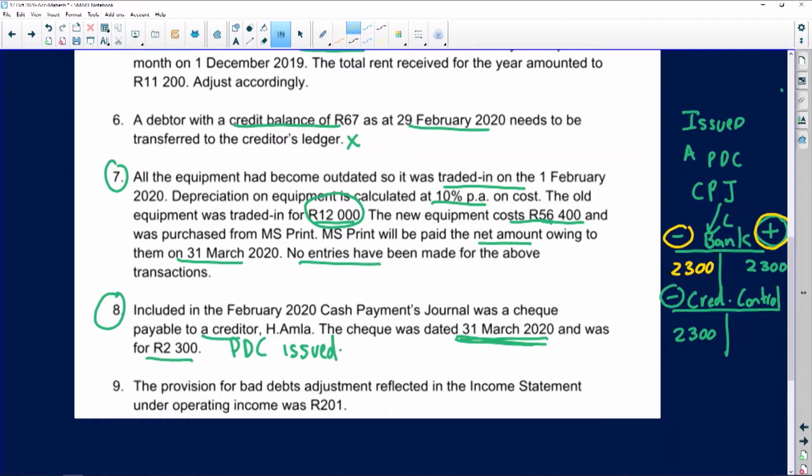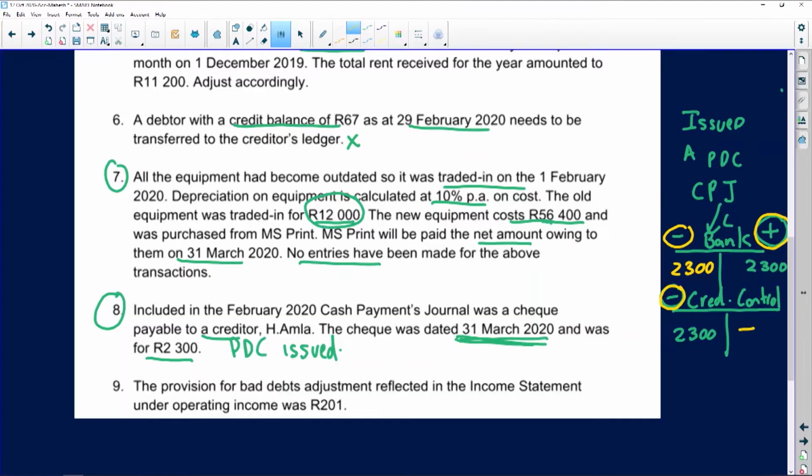Then creditors control: we decreased creditors control by 2,300, but remember, the creditor, Amla, did not get paid. So technically, we still owe the creditor 2,300. All I've done is debit bank and credit creditors control to explain the adjustment.